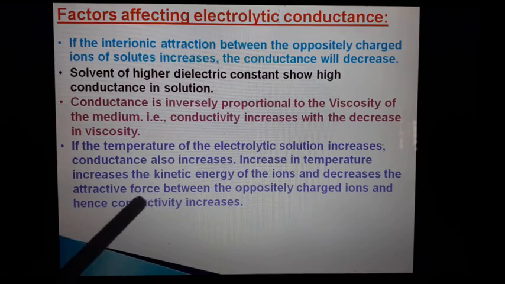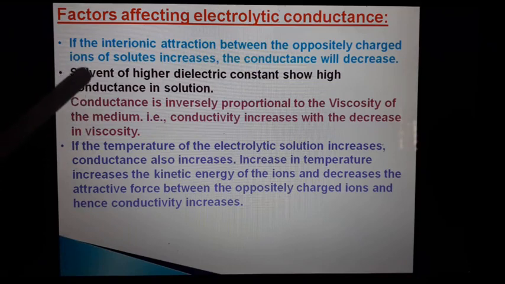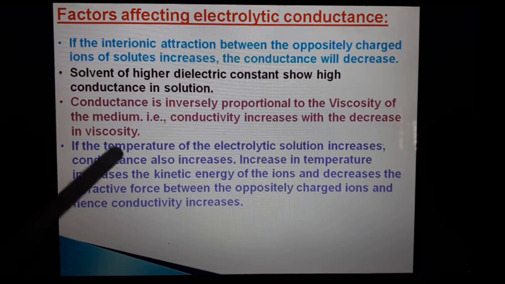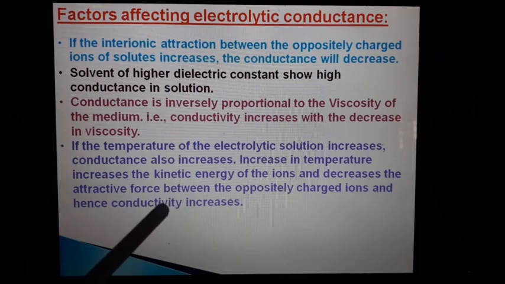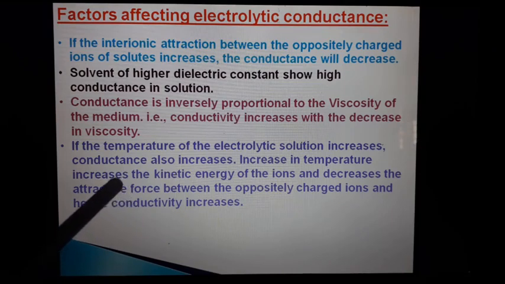This decreases the attractive forces between the oppositely charged ions, already the first point, and hence conductivity increases. Because when the temperature increases, the movement of ions across the distance increases. So conductance will increase. Okay.